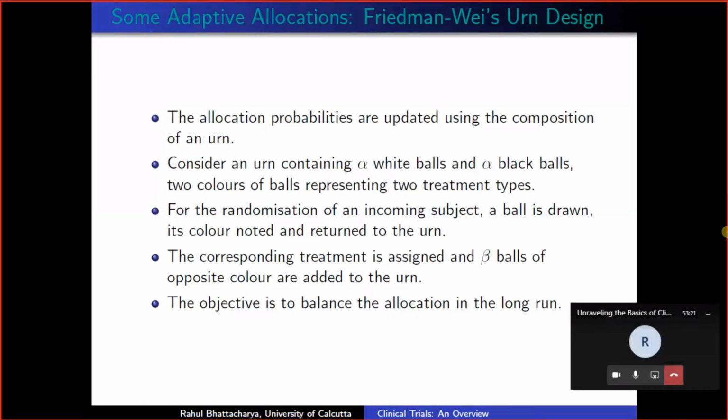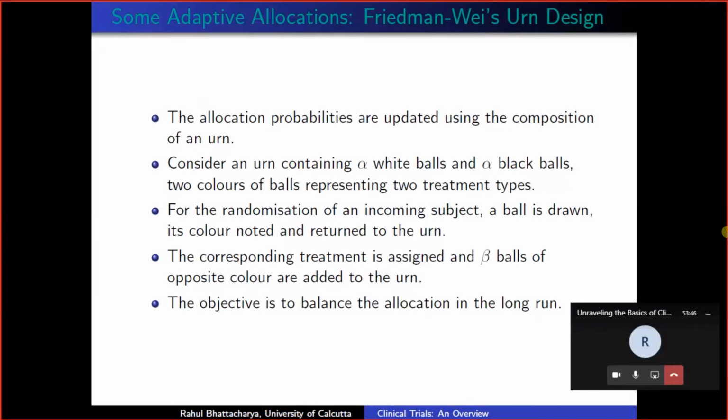Since you have already selected a treatment 1 type ball, to strike a balance you need some treatment 2 type balls. So what you are doing is increasing the chance of getting a type 2 ball. That's why you are adding beta balls of opposite color to the urn.